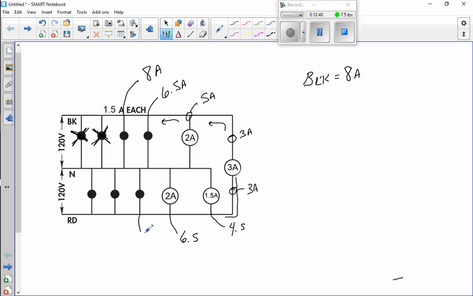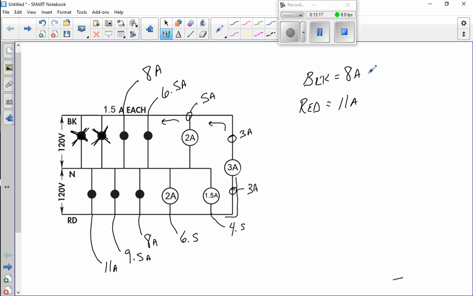An amp and a half onto that is going to be 8. Another amp and a half on top of that 8 will be 9.5. And then we finish up with our last 1.5 amp load, and we are once again back at 11 amps. So red is 11 amps.